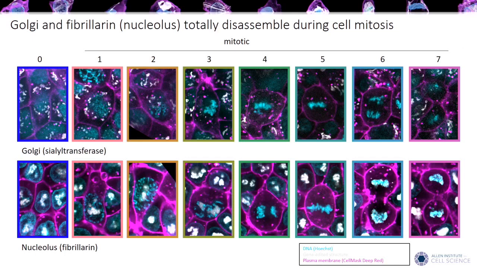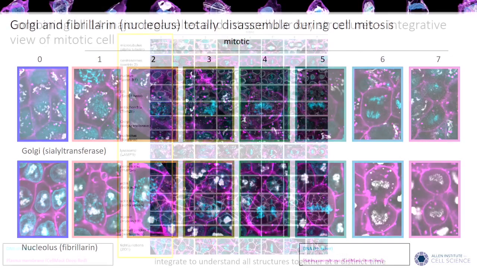And then this melted structure totally disappears. And at anaphase, telophase and cytokinesis, we can see fibrillarin reassemble, but on the sister chromosomes, before in interphase, it's again a structure of the nucleolus.